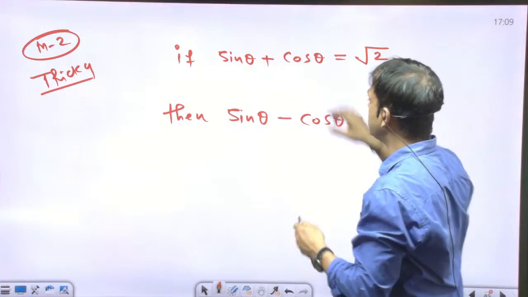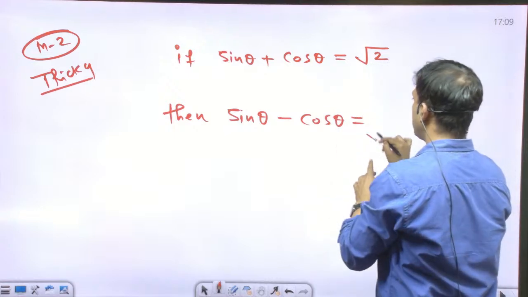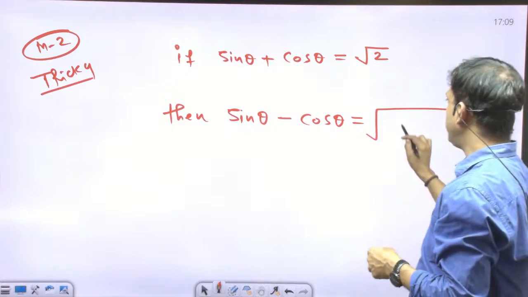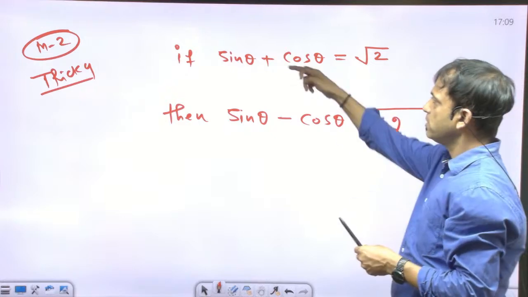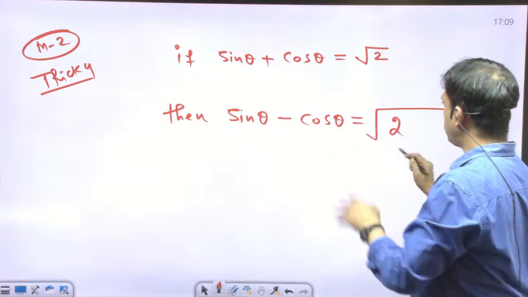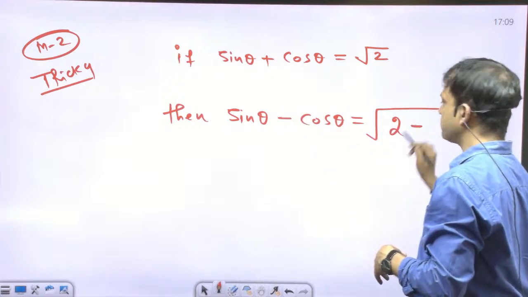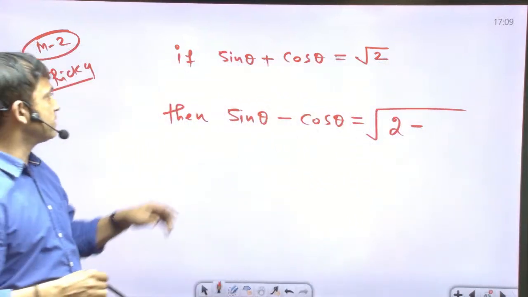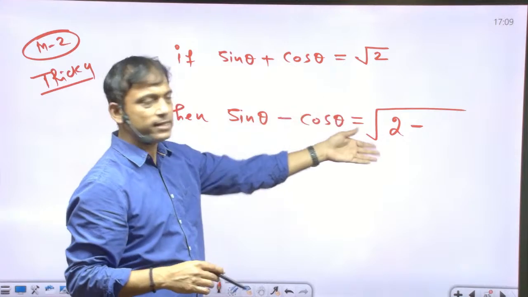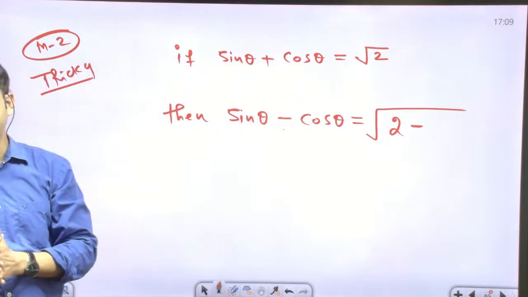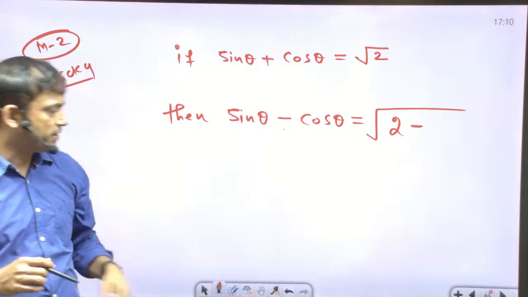In sin cos series, always write under root 2 in any question. Plus and minus, minus and plus, in both write 2, and for all questions write minus. Under root always write 2 with minus. 2 and minus fixed. Root symbol fixed.